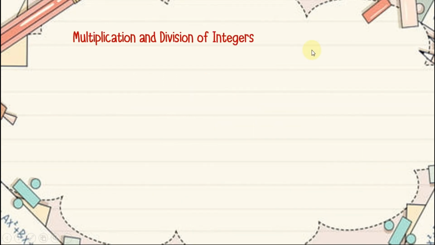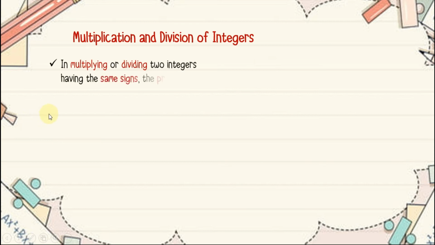So let's proceed with the last two operations, which are multiplication and division of integers. We have the same rules in multiplying and dividing integers. The first rule states that in multiplying or dividing two integers having the same signs, the product or the quotient is always positive.